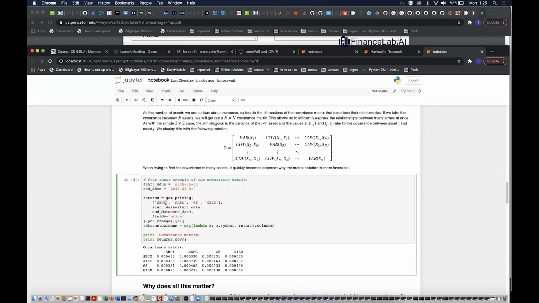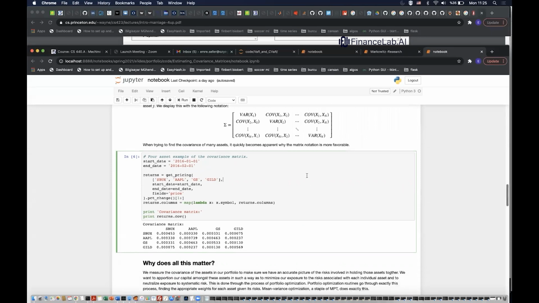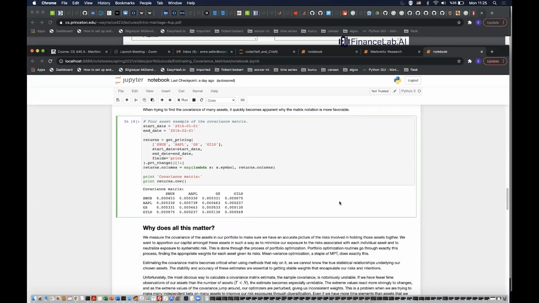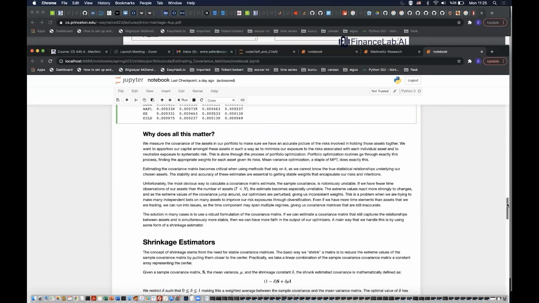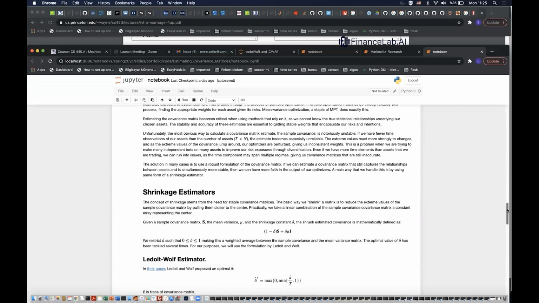The 4 assets are the ones here: SBUX, Apple, GS, and GLD. We are using the first month, January, for in sample. By getting the returns of these assets, we calculate their covariance matrices, and see how the covariance changes across different types of matrices.